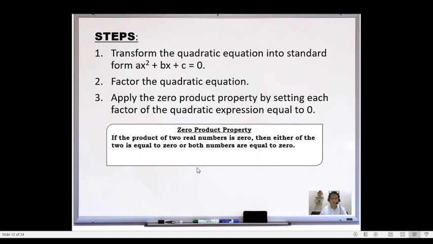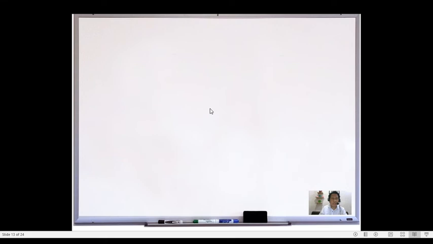So that is what we call the zero product property. And for number 4, solve its resulting equation. So we are going to apply these steps in solving quadratic equation using factoring.